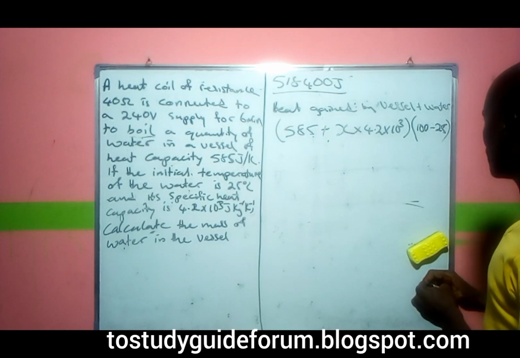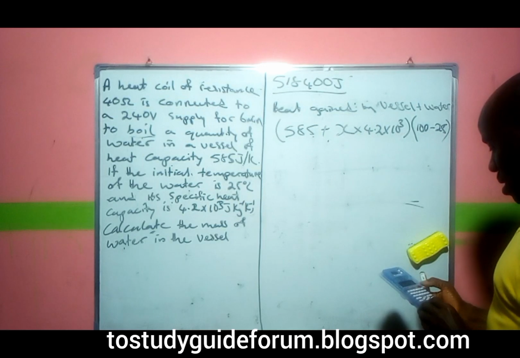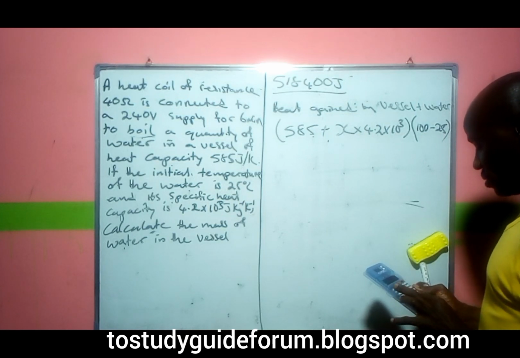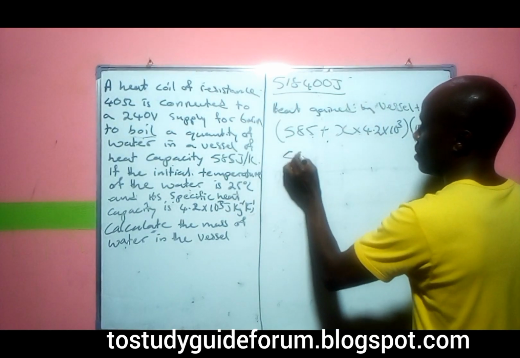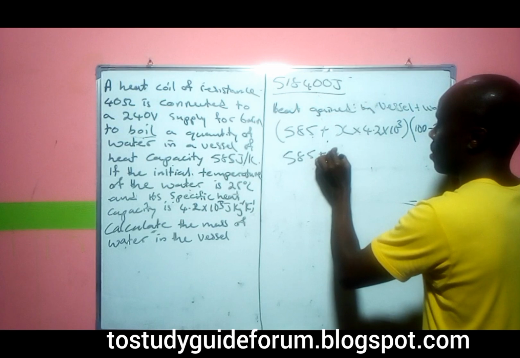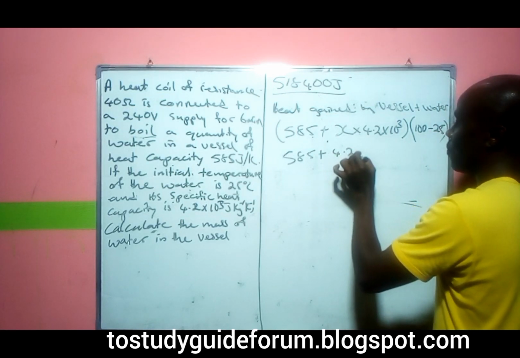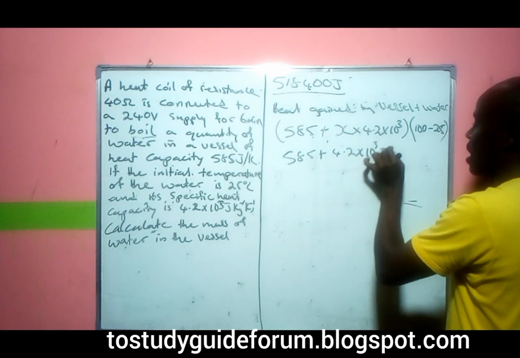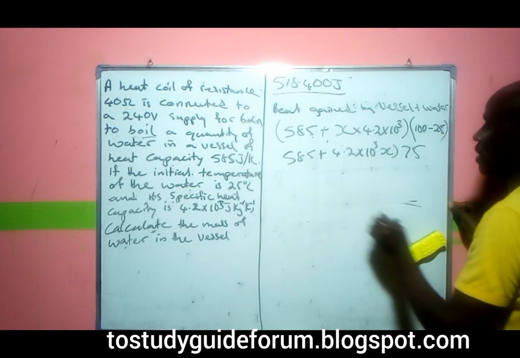So what do we have there? 100 subtract 25, we have 75. So what we have here will be 4.2 times 10 raised to the power 3 x, times 75.